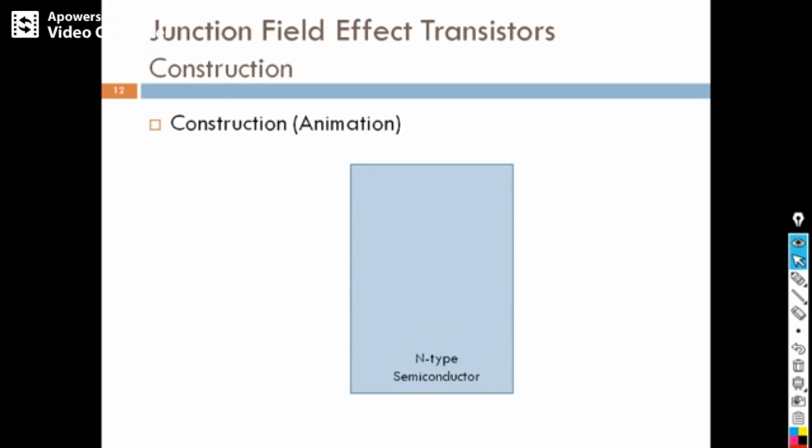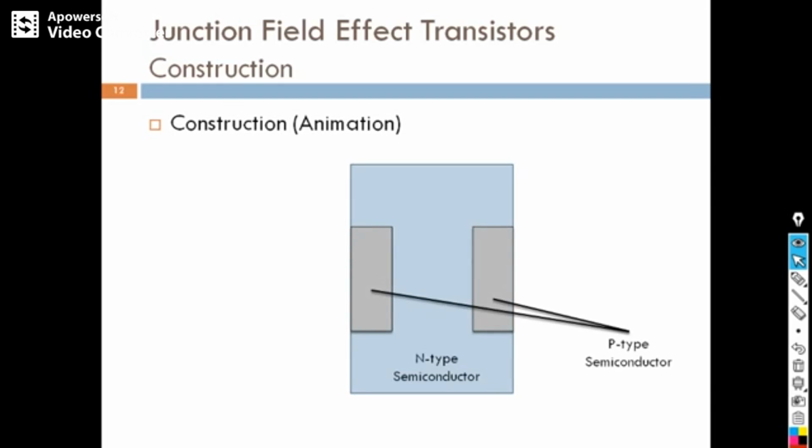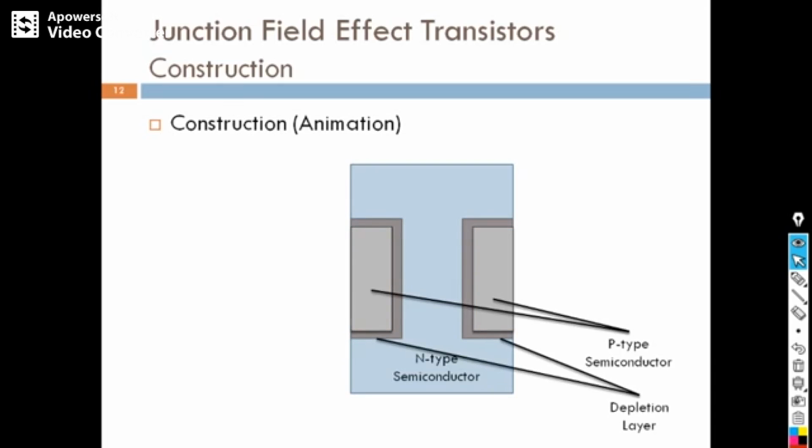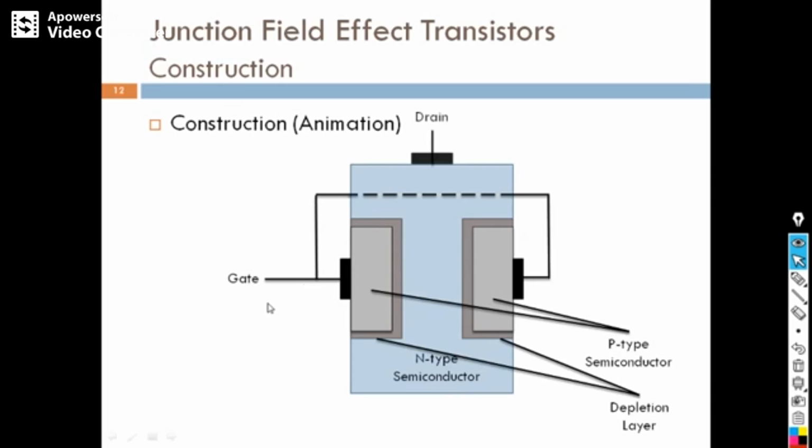You can see here N type semiconductor material, over which we add P type semiconductor material; this process is called doping. In between the P type semiconductor material there is a small region called the depletion layer, and the P type material is internally connected and referred to as the gate. The other end of the N type material is connected to a terminal through ohmic contact, and it is called the drain. The other end of the N channel material is connected to a terminal through ohmic contact, and it is called the source.